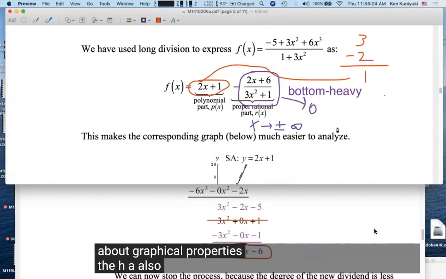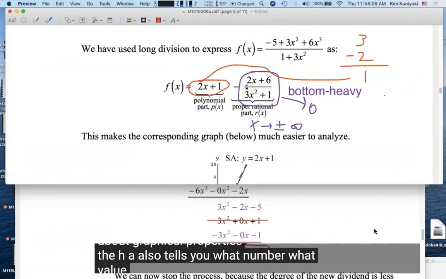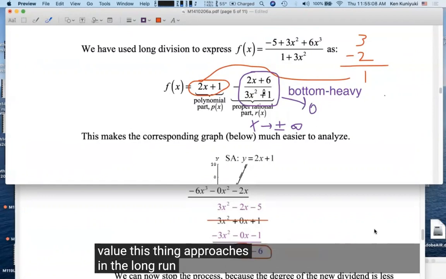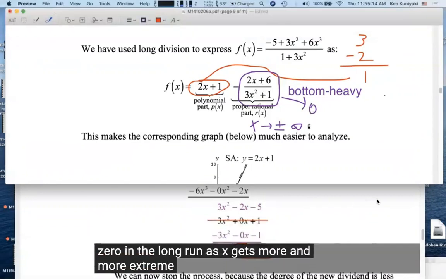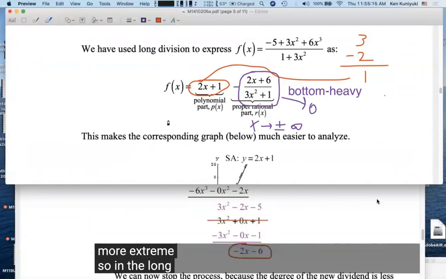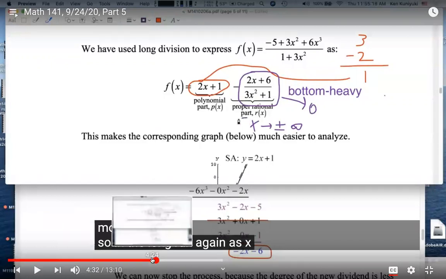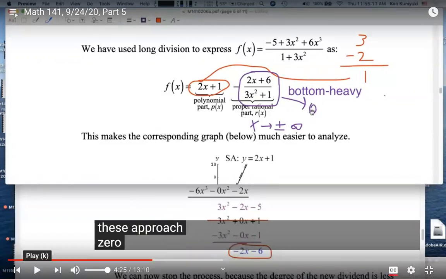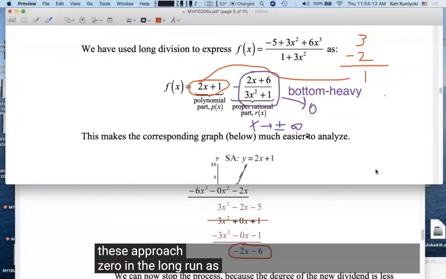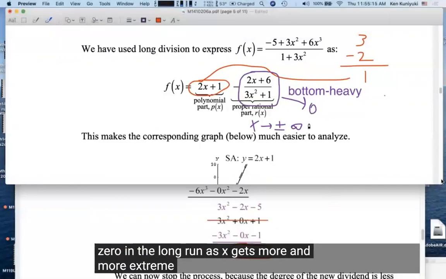The HA also tells you what value this thing approaches in the long run. Bottom heavy guys like these approach 0 as x gets more and more extreme.